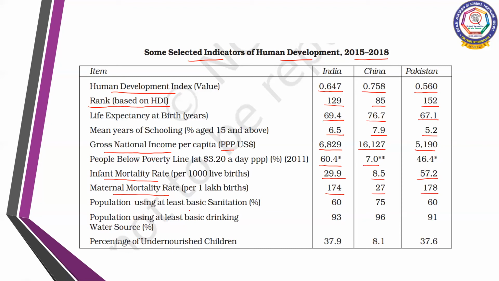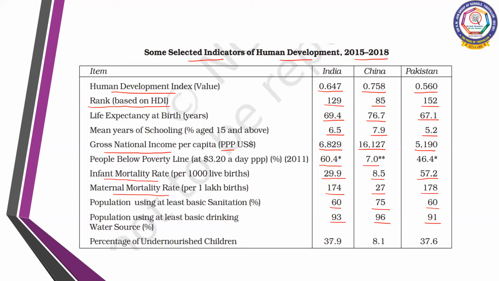The population using at least basic sanitation is the highest in China, whereas it is the same in Pakistan and India at 60. The population using at least basic drinking water is 96% in China, followed by India at 93% and Pakistan at 91%.